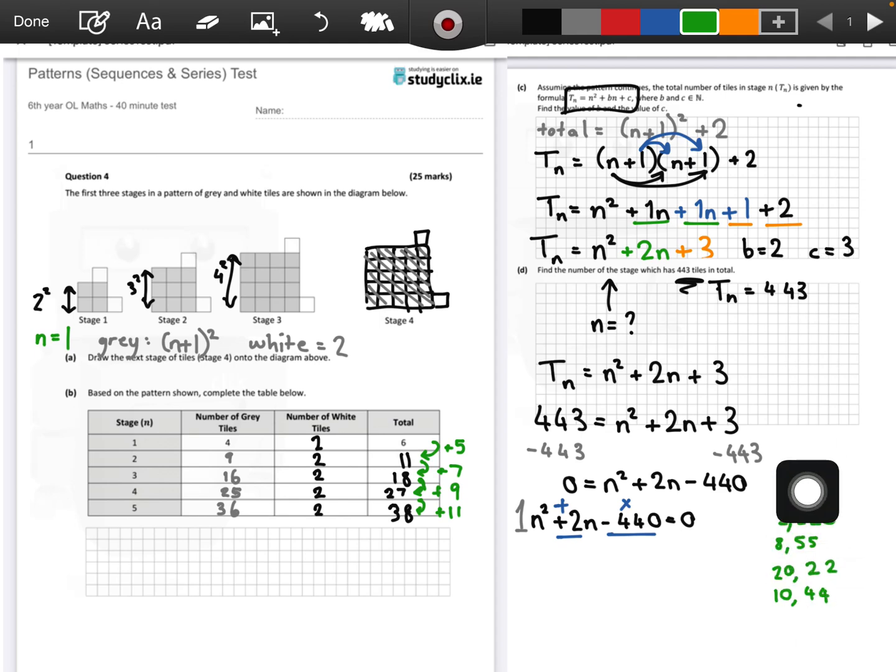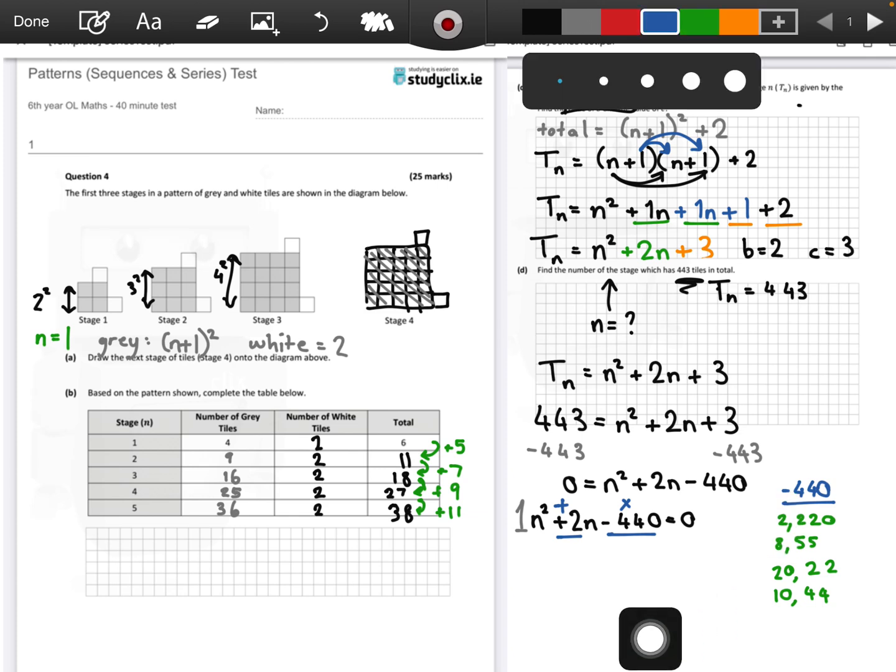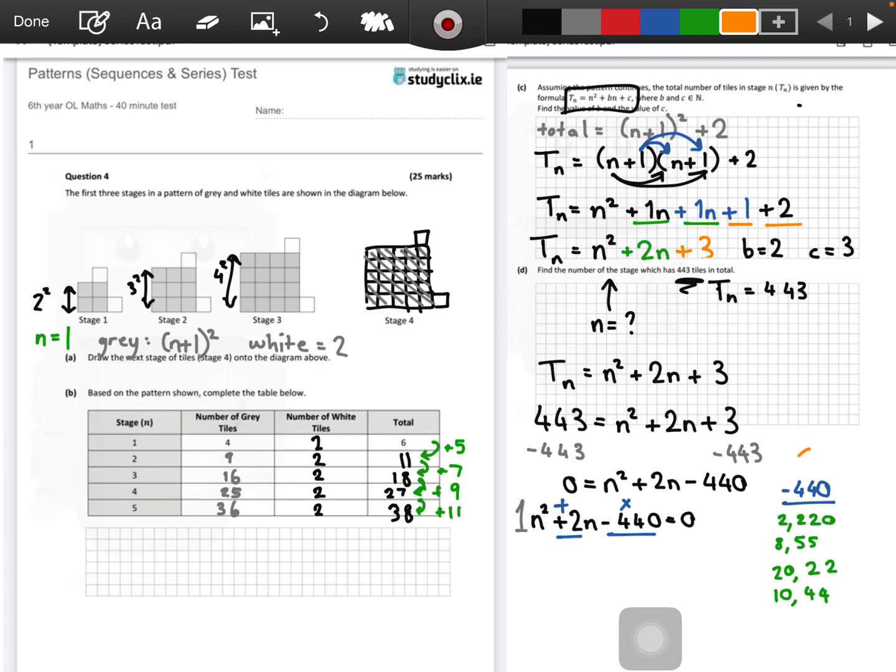Once I list all of these, I am looking for the ones that are going to add to give me +2. Now remember when we are multiplying to give myself a minus, that means it needs to be a plus multiplied by a minus to give me a minus, or a minus multiplied by a plus to give me a minus.